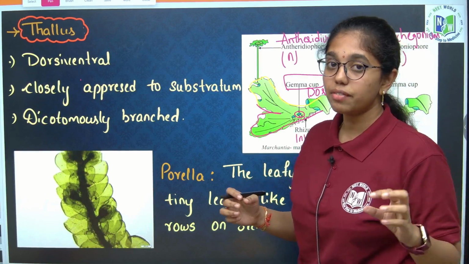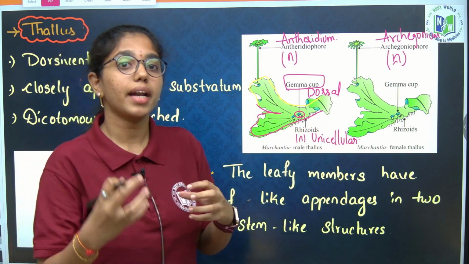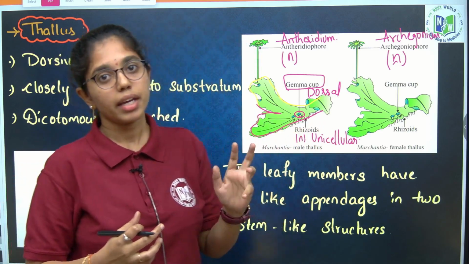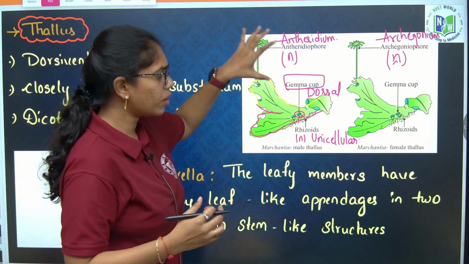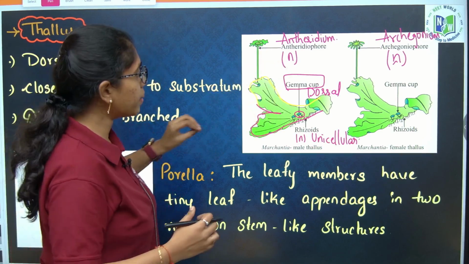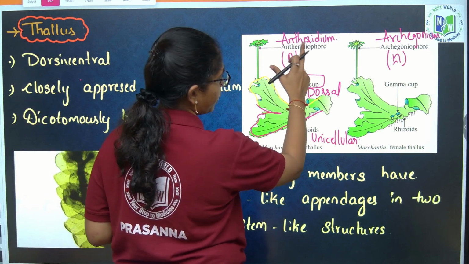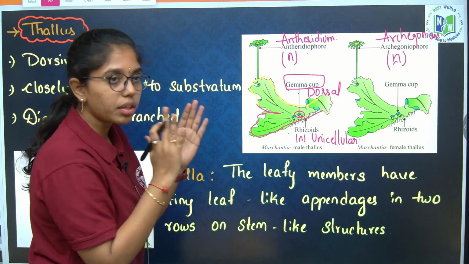Cell cycle and cell division, sexual reproduction of flowering plants from plant kingdom. The ploidies are connected and calculations may be given in your exams beta. That is why in whichever diagram you are focusing, focus on the ploidy as well. Clear beta? So here, rhizoids are haploid, gemma cups, antheridiophore, archegoniophore, everything is haploid.